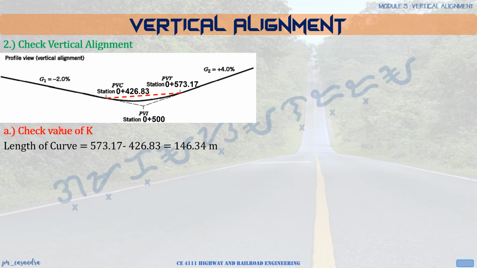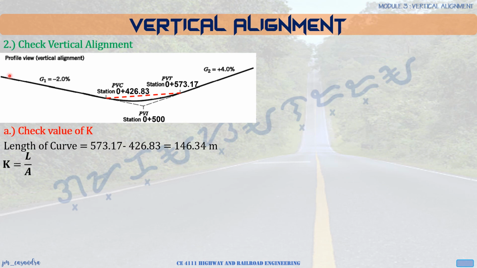So we need the value of L, and L will simply be computed as the difference between the stations of PVC and PVT for the vertical alignment. So that's 573 minus 426, which will give us the length of 146.34 meters.